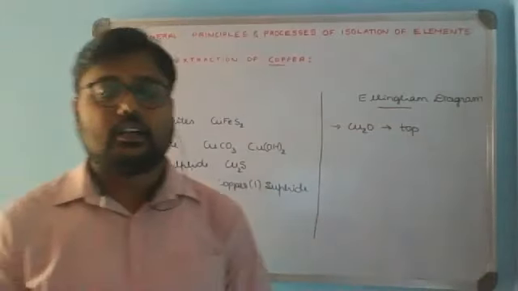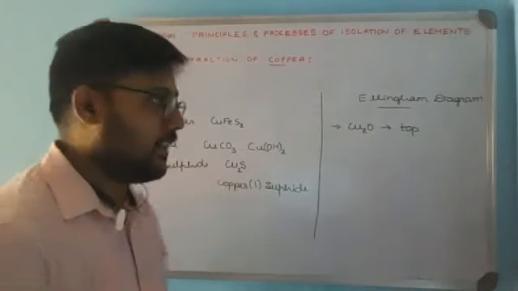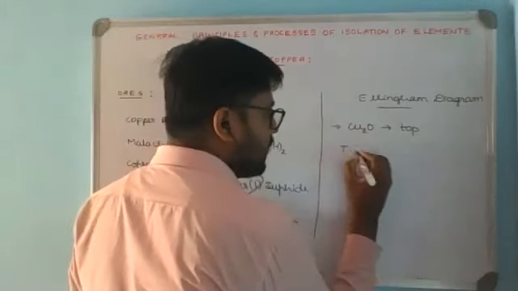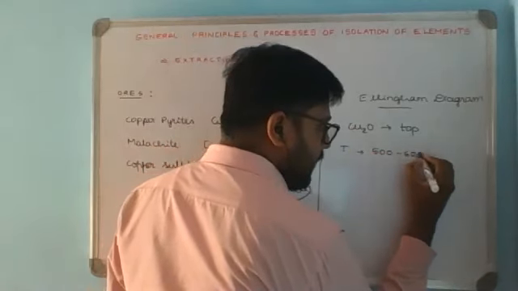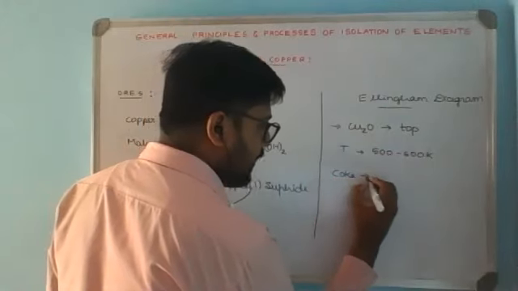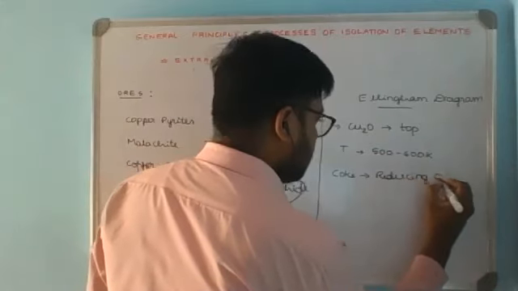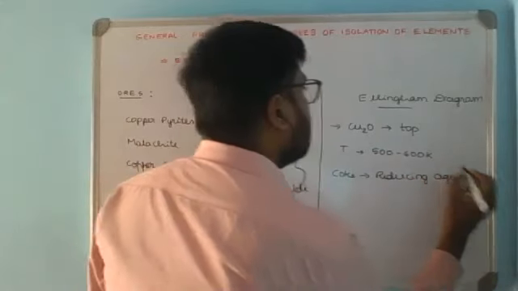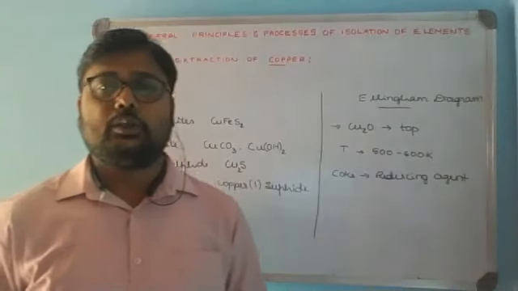So this explains it can be easily reduced by using a reducing agent. The generally selected temperature is nearly 500 to 600 Kelvin, using coke as the reducing agent, so copper oxide can be easily reduced to copper.